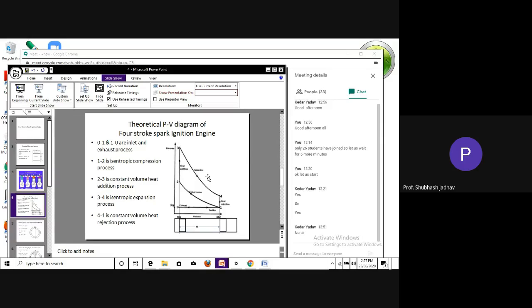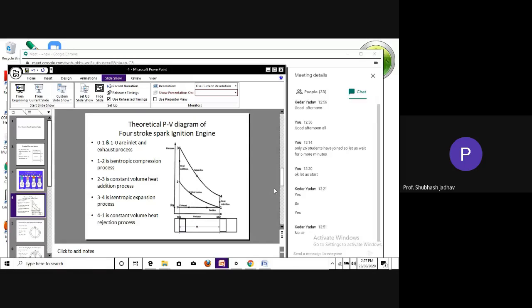Because according to thermodynamics, we want a closed cycle. If you keep it here and move toward this side, it is going to end, but when it ends over here, it is going to remain open. And we know that we cannot easily analyze an open cycle. Since it is difficult to analyze an open cycle, we are going to convert it into a closed cycle.